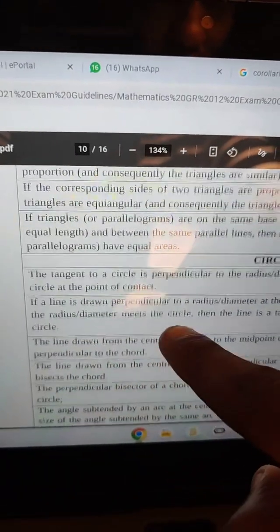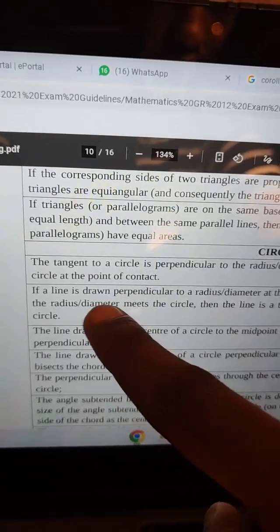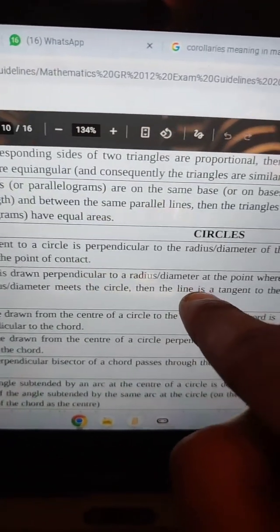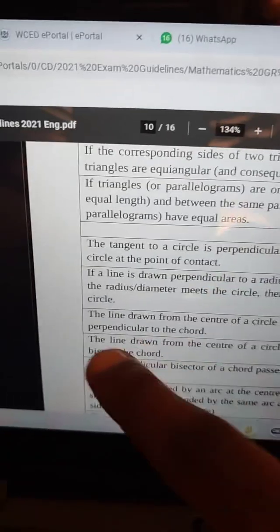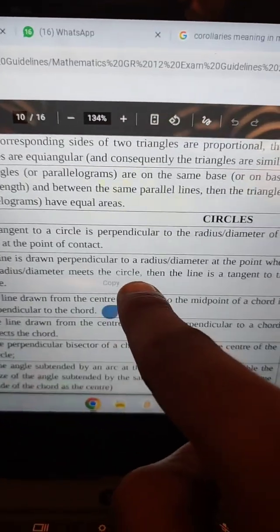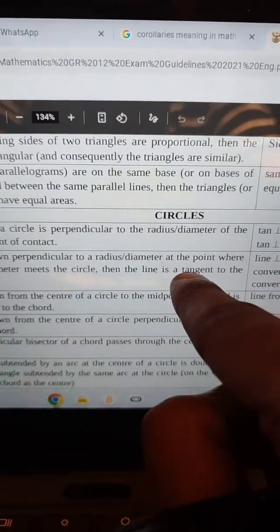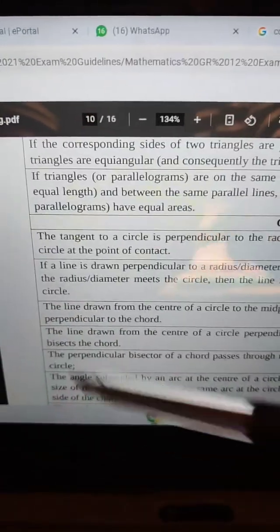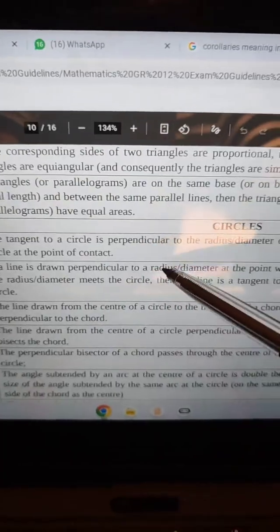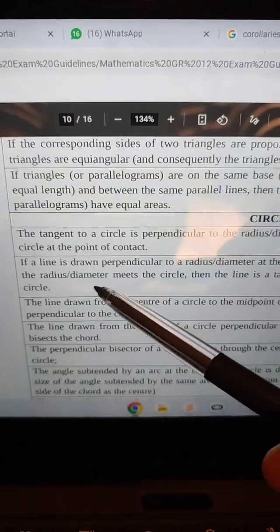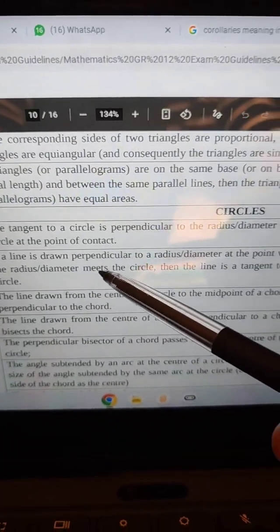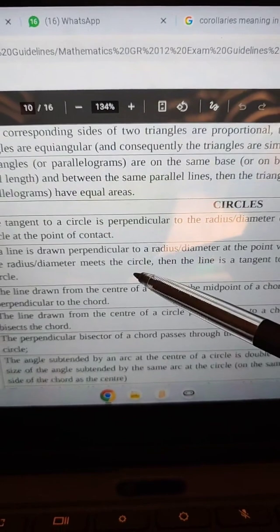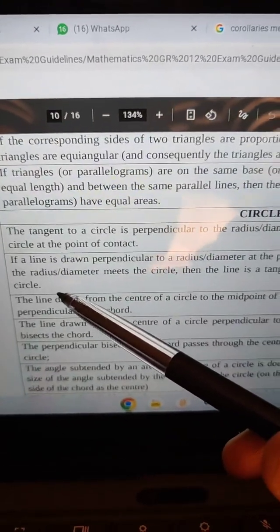If a line is drawn perpendicular to a radius or diameter at the point where the radius or diameter meets the circle, then the line is a tangent to the circle. I repeat, if a line is drawn perpendicular to a radius or a diameter at the point where the radius or diameter meets the circle, then the line is a tangent to the circle.